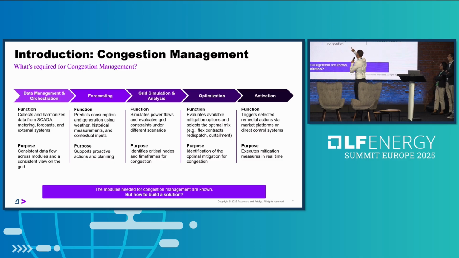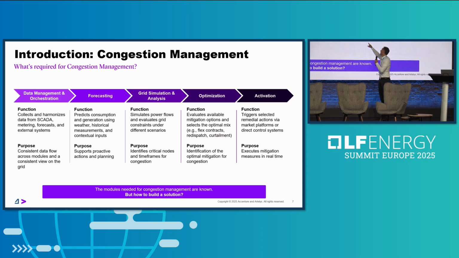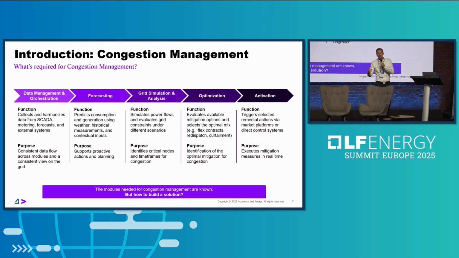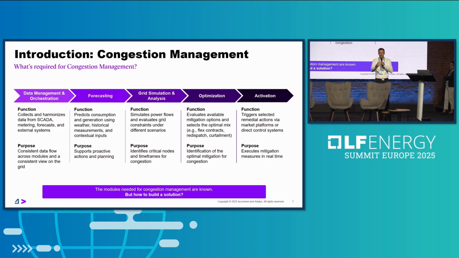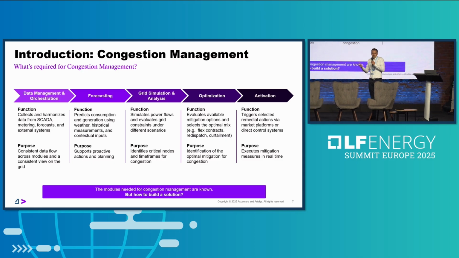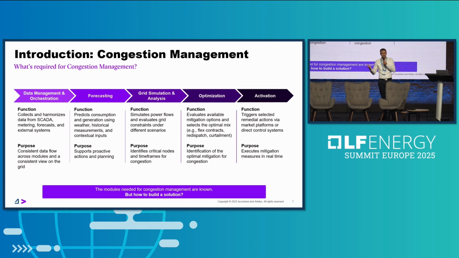Because that's what you're going to use in the fourth module. In the fourth module, you are then evaluating how you can mitigate that congestion. Because maybe you have different options available. I already named a few earlier, like curtailment, redispatch, but there's maybe also flex contracts or whatsoever.